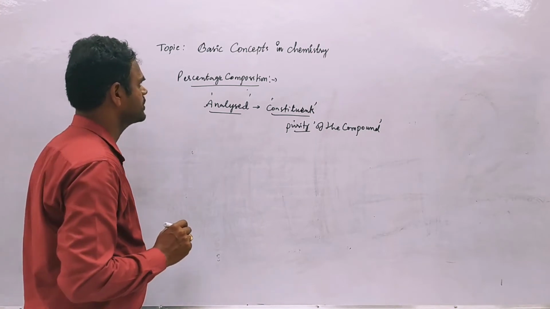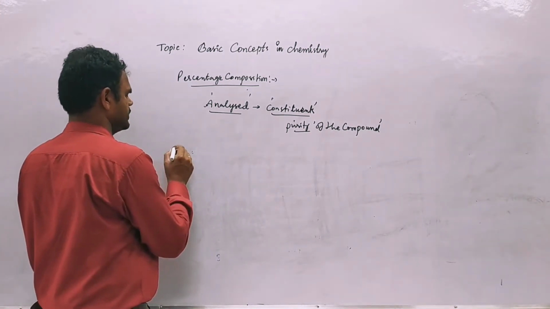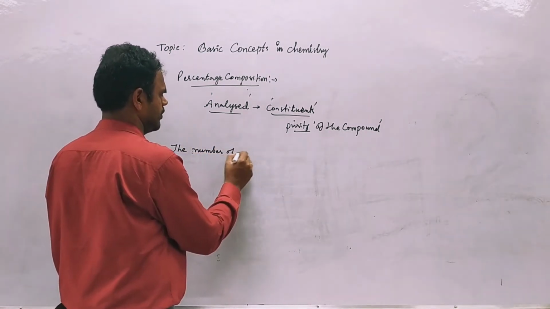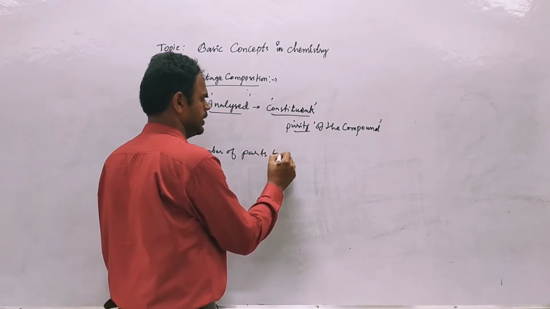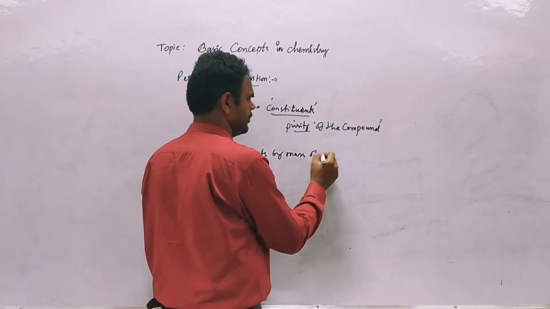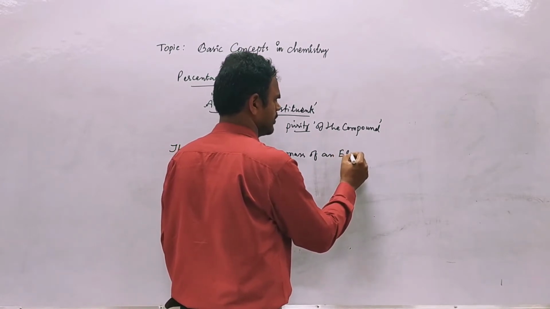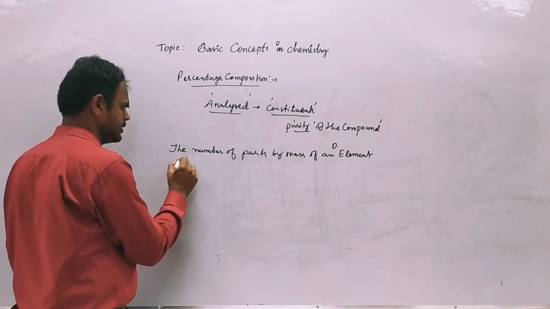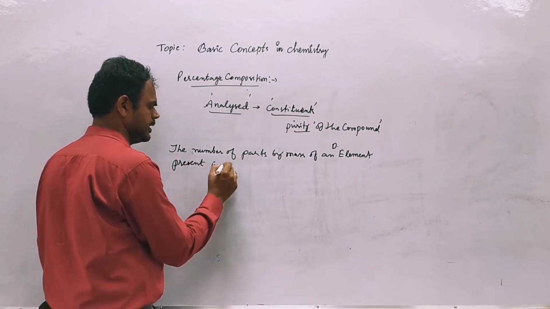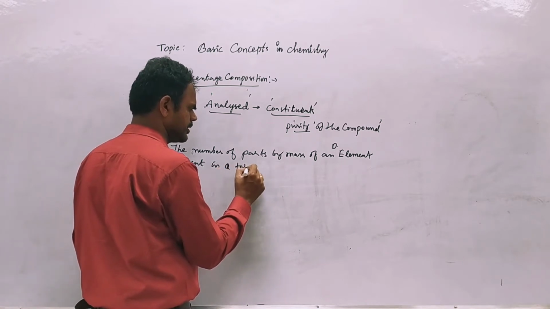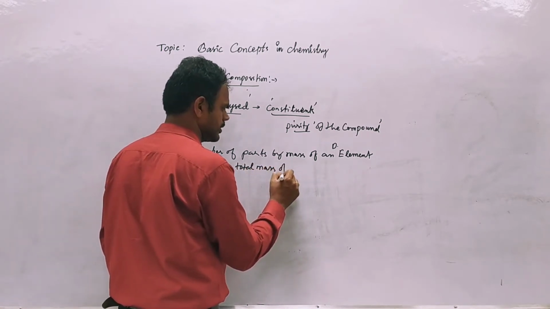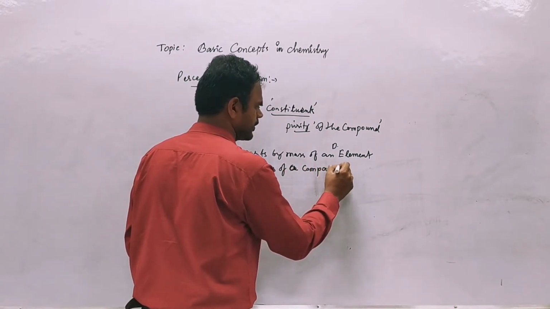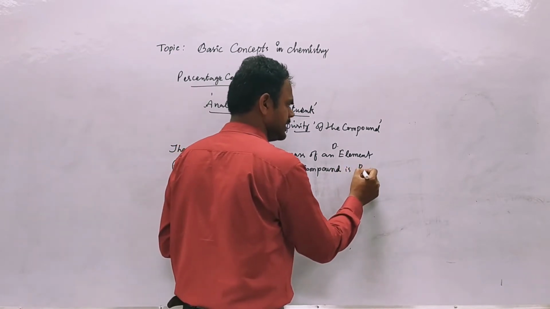If we go in detail, the definition of the percentage composition: the number of parts by mass of different elements present in a total mass of a compound is called percentage composition.